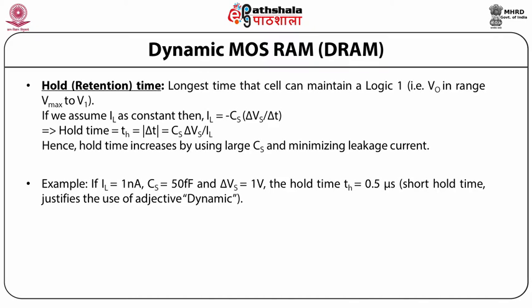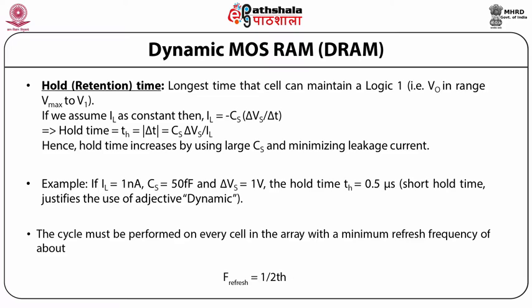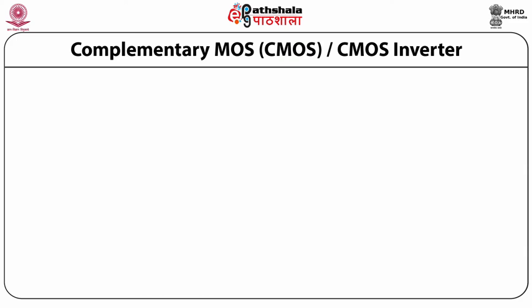So, in order to overcome the leakage problem, DRAM arrays use a refresh operation where the data is periodically read from every cell, amplified and then rewritten. The cycle must be performed on every cell in the array with a minimum refresh frequency of about 1 by 2 TH.